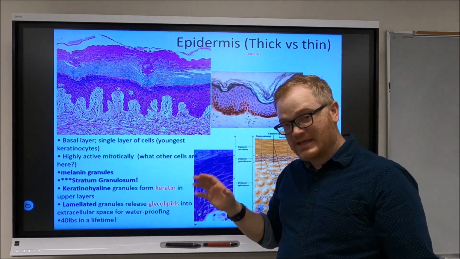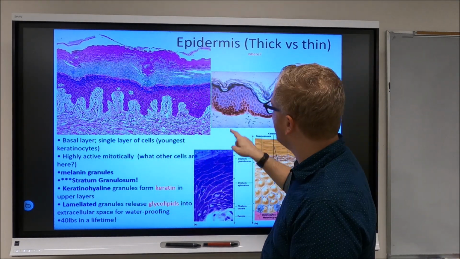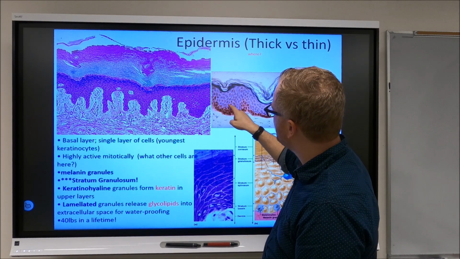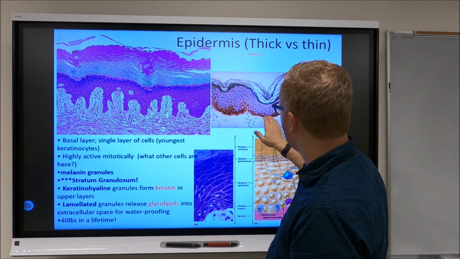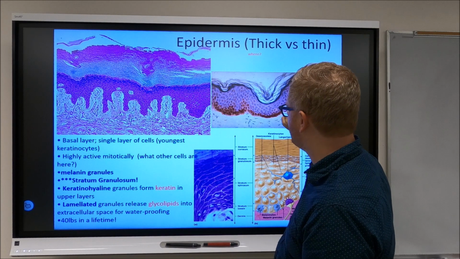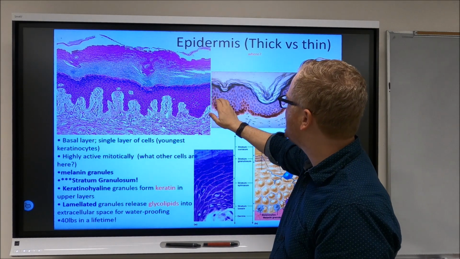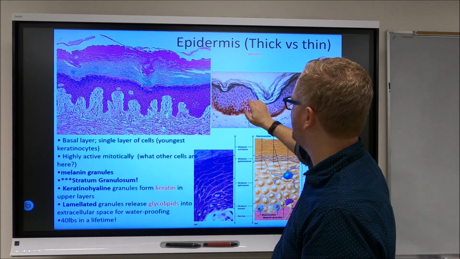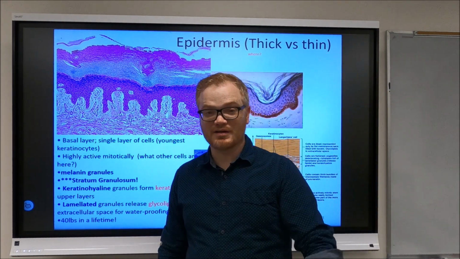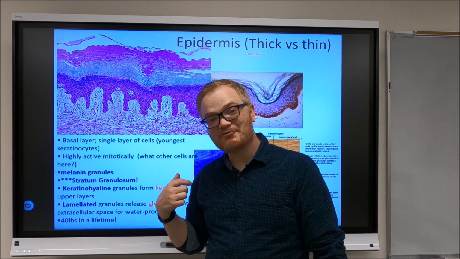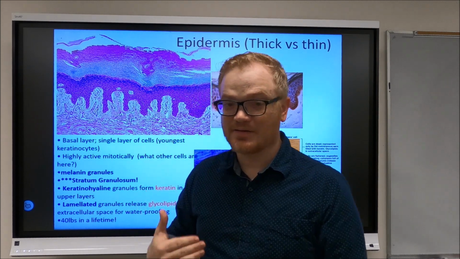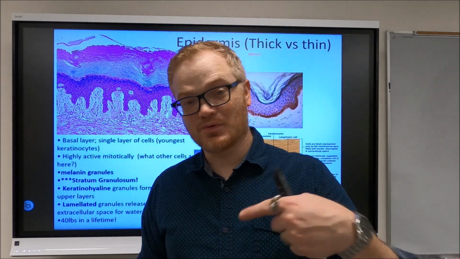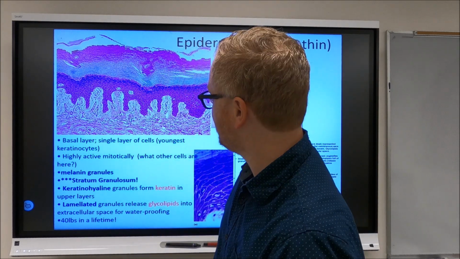The melanin that gives rise to the skin's coloration is found right through here. You can see this brown. These are melanocytes that are making melanin. You can see the melanin on top of these cells, giving rise to the skin's coloration. Why do we have melanin? It's to protect us from ultraviolet radiation for reasons we're just about to talk about.